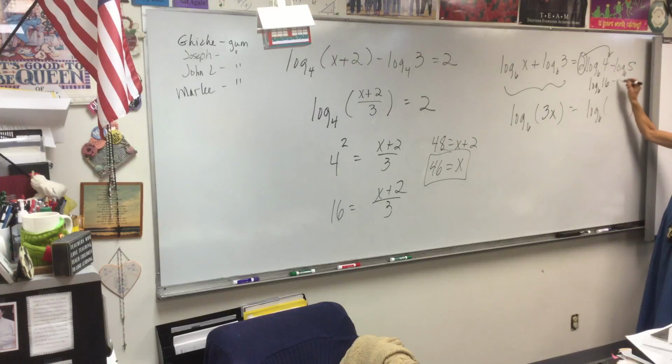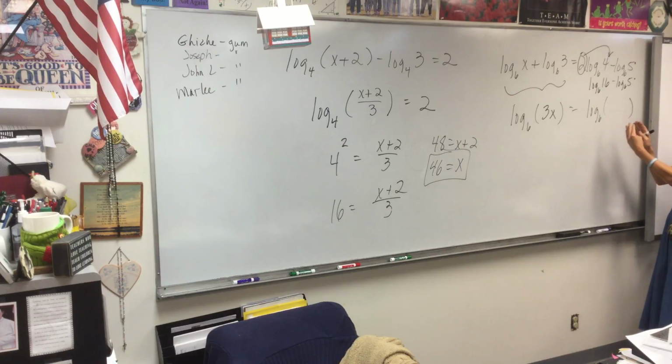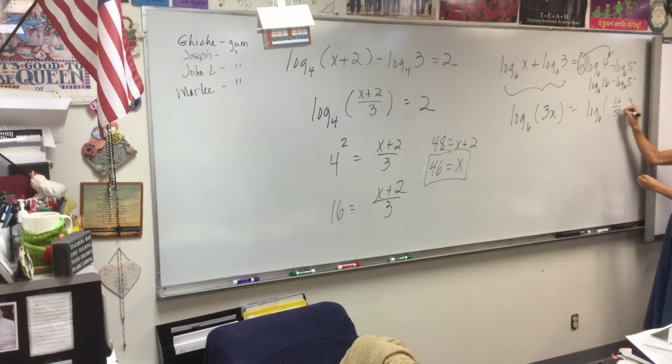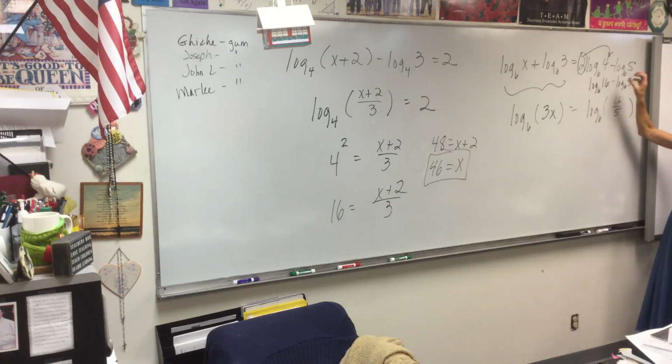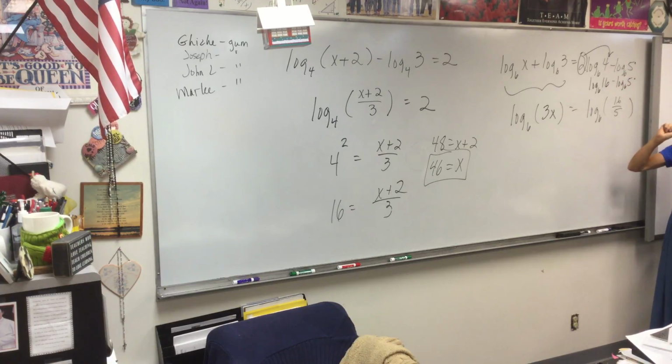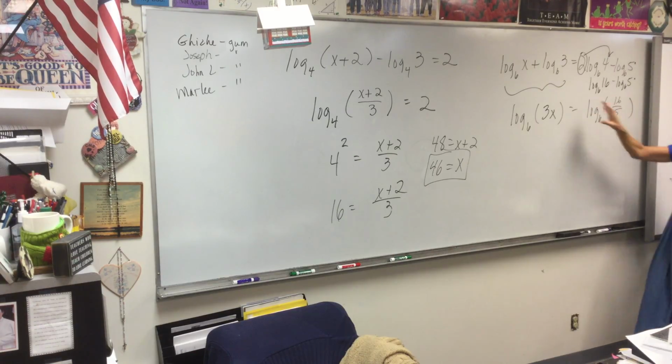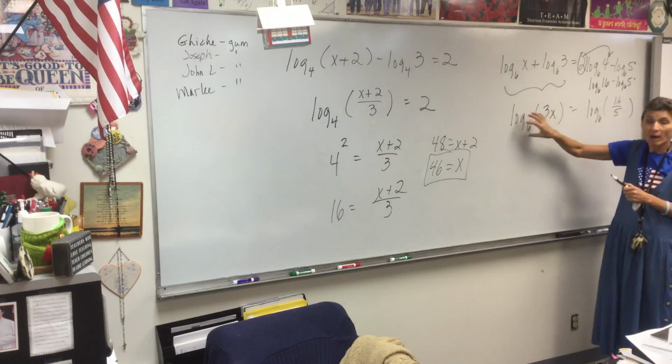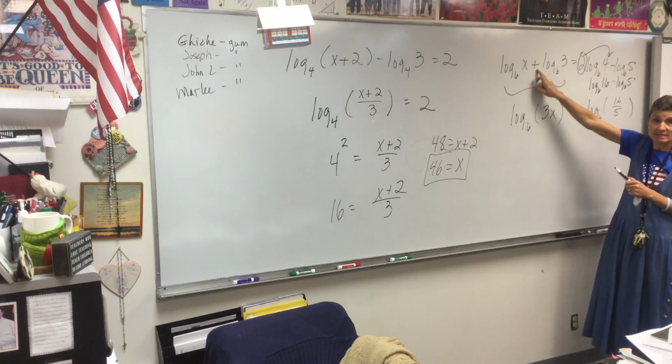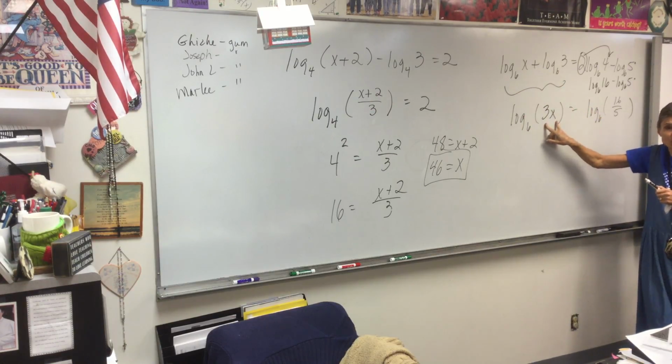As soon as I do that, then I can take these 2 logarithms and put them together. And when I put them together, they become a division problem. So instead of having a logarithm minus a logarithm, I will have 1 logarithm, and it's a division problem. Just like over here, I have 1 logarithm, but because that's a plus, it's a multiplication problem.